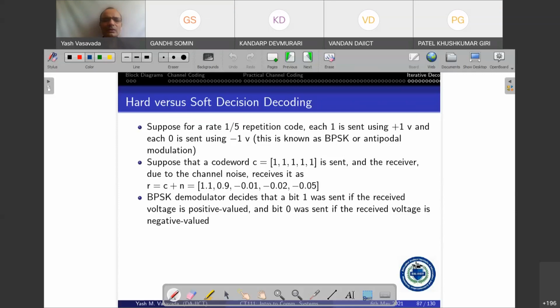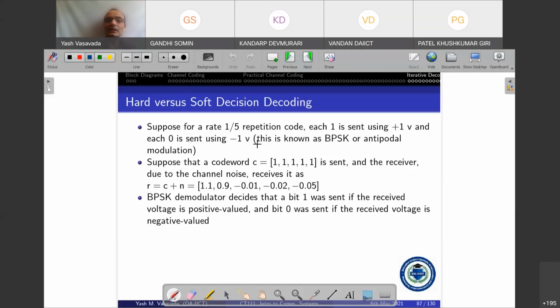Now we are going to look at a very simple example. It's just the rate 1/5 repetition code. It's not a product code, not any of these other codes that we have seen on a bipartite graph. Just consider the rate 1/5 repetition code that we have studied earlier, and let us assume that this code is sent using BPSK modulation over a Gaussian noise channel. For the BPSK or antipodal case, 1 gets converted to 1 volt and 0 gets converted to minus 1 volt. Or that 1 volt can be 5 volt or 10 volt. The exact value doesn't matter.